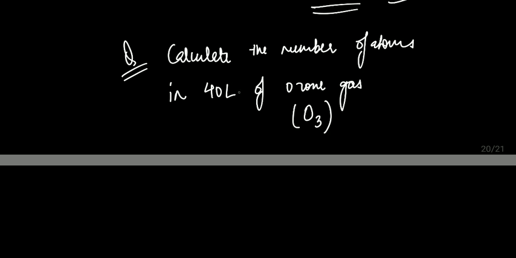Again, volume is given divided by 22.4 liter. Then put the same number of moles equal to the relationship, the number capital N divided by Avogadro constant. But again, they are asking us the number of atoms. If we don't consider the actual number of atoms in ozone, our answer will be wrong.